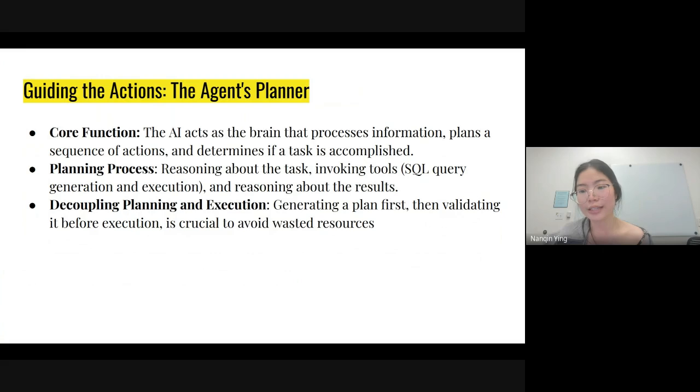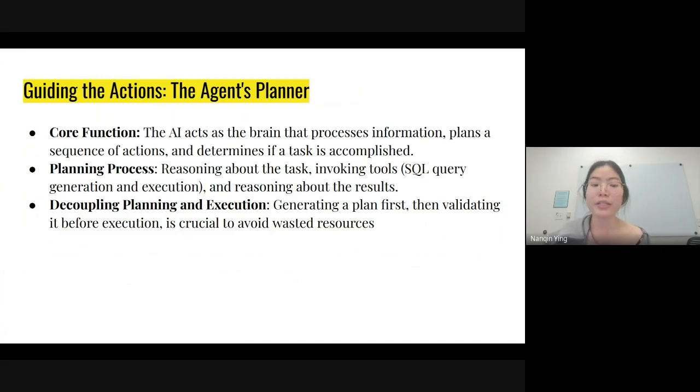For example, the agent will first reason about how to predict sales, then plan to use SQL queries to get past sales data, or use web browsing to get the information. Then they will execute these queries and reason about whether they have enough information. If not, they will continue until they achieve the goal.